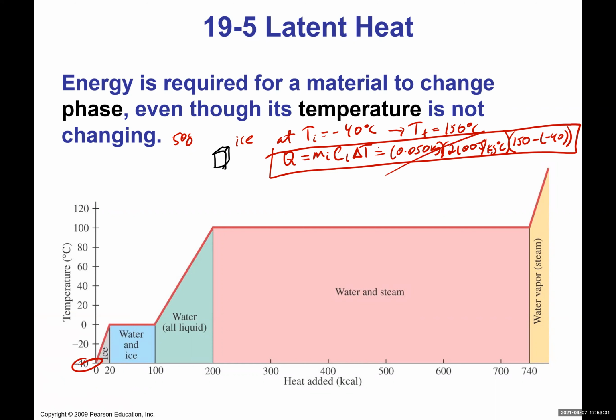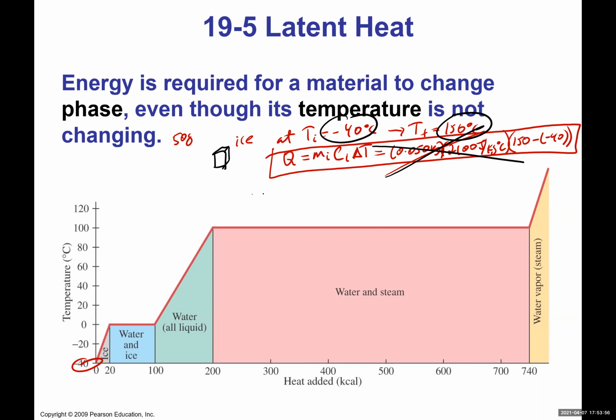We cannot do this. And the reason we cannot do this is because between negative 40 and 150 degrees Celsius, there are other things happening that are not a change in temperature. That means there are other things happening when you add energy, mainly changing phase.